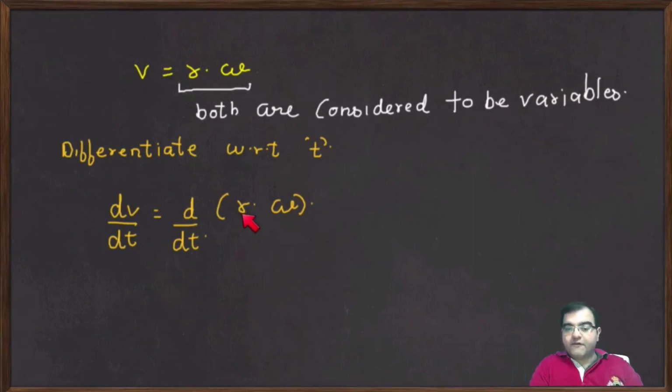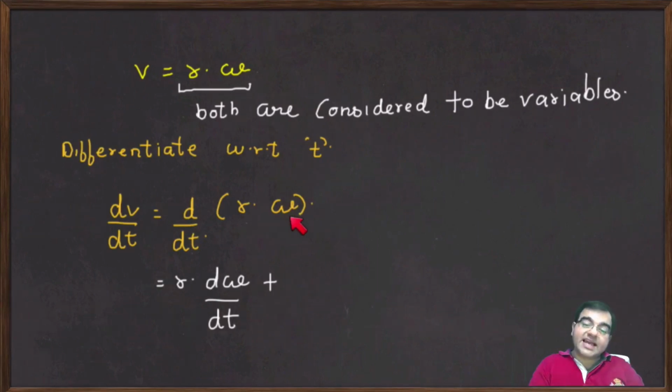Keep your first term as it is. Take the derivative of the second term, so I get d omega by dt. Then plus, keep your second term as it is. Now what is your second term? Omega.